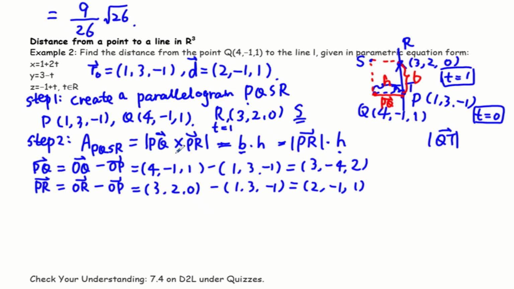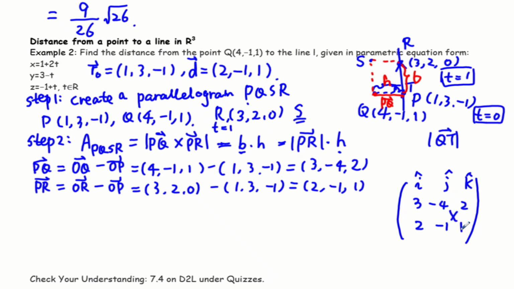Then we are going to do the cross product. So remember that for the cross product, we use the i, j, k matrix. So copy the PQ and the PR here. So for the i, we just cross the i row and column out, then do the cross times.